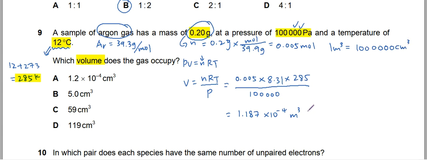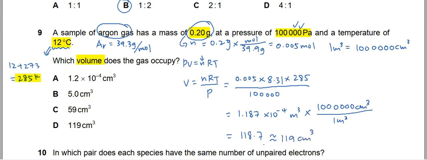So we can input that. Once we have done that, we will get 118.7, which is rounded up to 190 cm cube. So the answer is D.